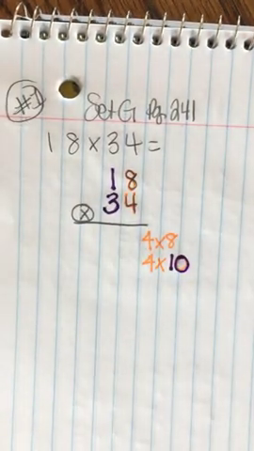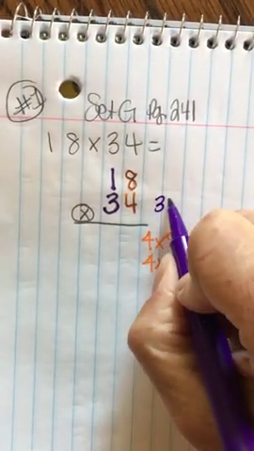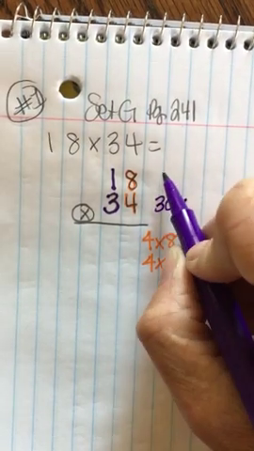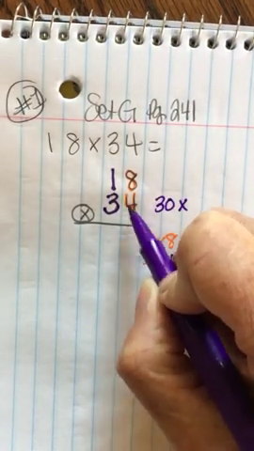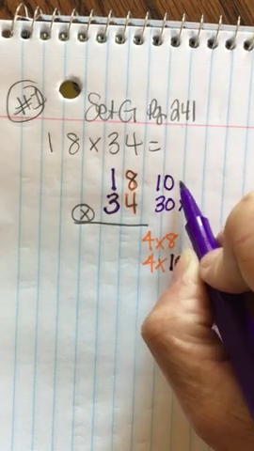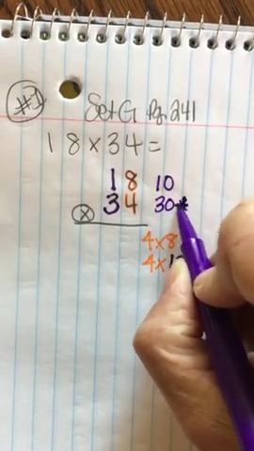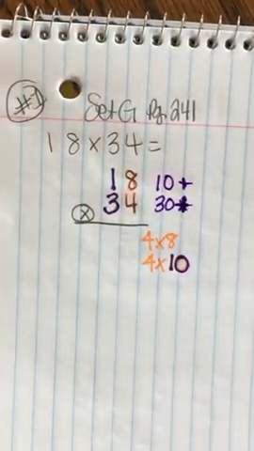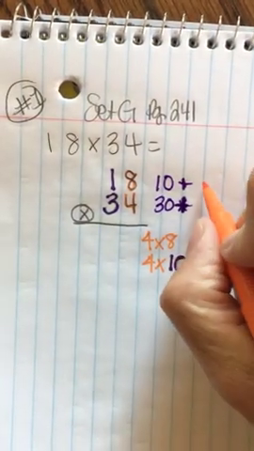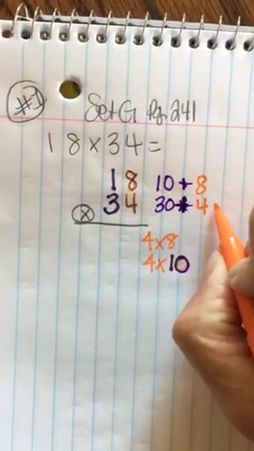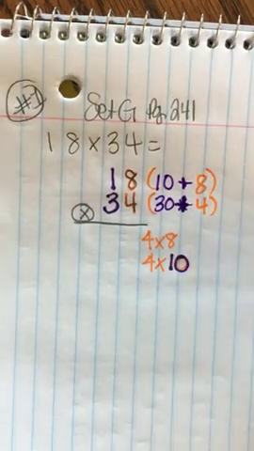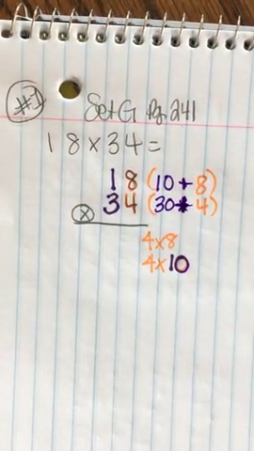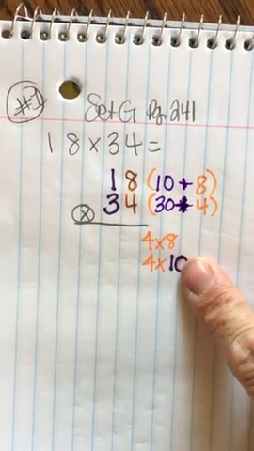If we were to break that apart, it would be 30 plus 4 and 10 plus 8, if we were to use the distributive property like that. Okay, so that's where I'm getting my numbers from here.